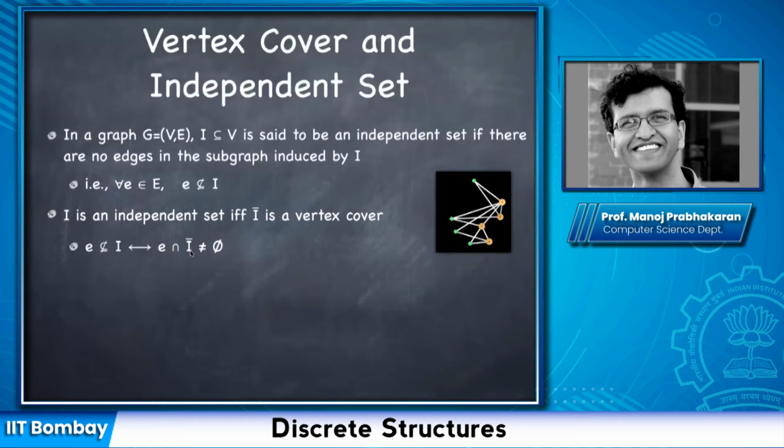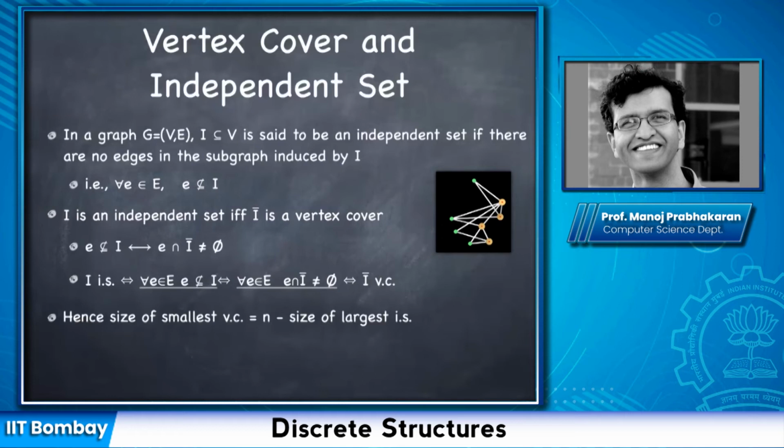So the edge intersects with I's complement, and so I being an independent set means for every edge E, this condition holds. E is not fully contained in I, which is the same as saying every edge intersects I's complement, which is the same as saying I's complement is a vertex cover. Okay.